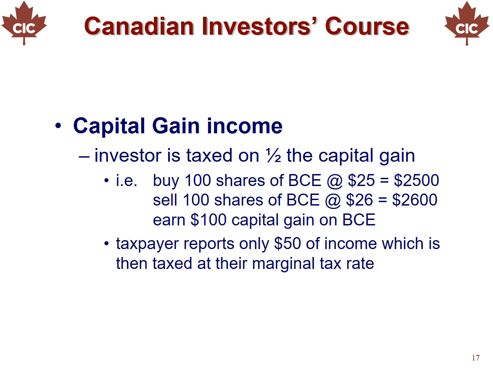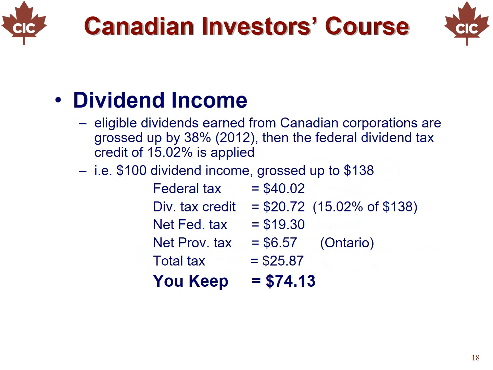So what it really means is that in essence, you can take your marginal tax rate, and if you want to apply it to capital gains, you divide it by 2, and that's the tax rate for any capital gains you have. They're reported in the appropriate spot on your tax return, so that gets taken care of quite easily.